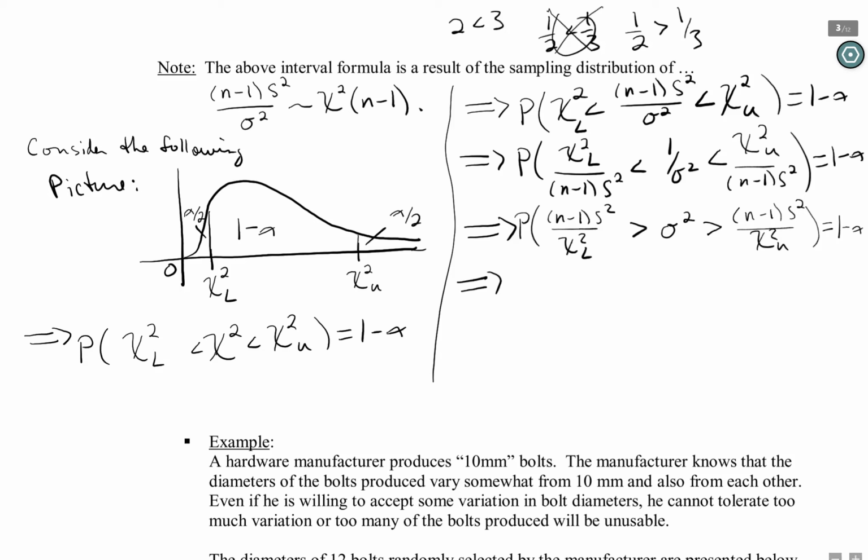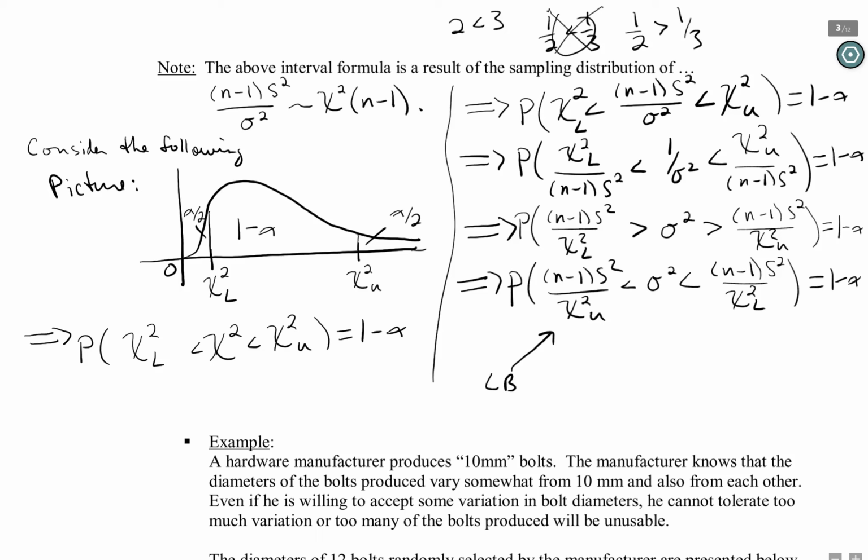And so I'm going to rewrite the inequalities under this probability statement as the probability that n minus 1 s squared over chi squared U, notice chi squared U, this quantity is going to be less than sigma squared, and sigma squared is going to be less than this quantity here, n minus 1 times s squared over chi squared L, and that's going to equal 1 minus alpha. Okay, so what we have here overall, this is the lower bound and this is the upper bound of my confidence interval.